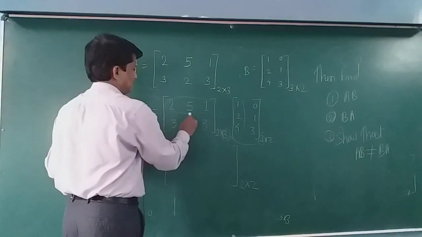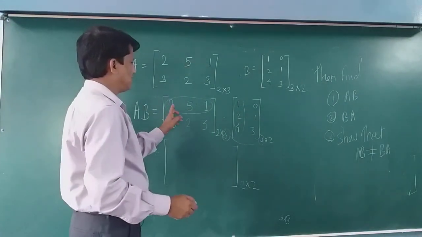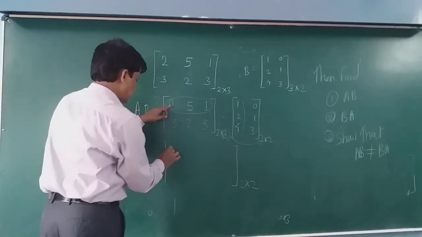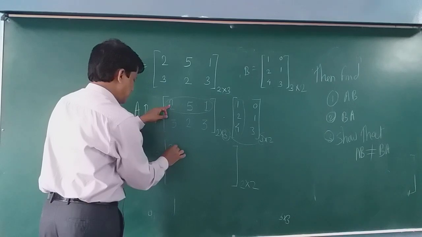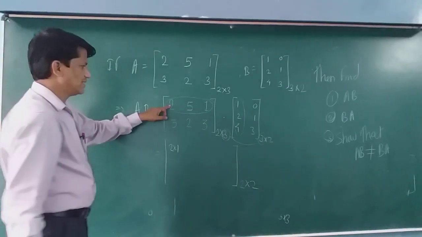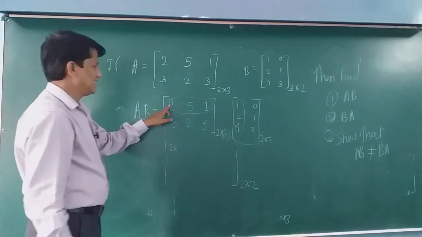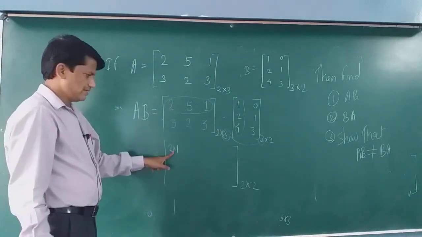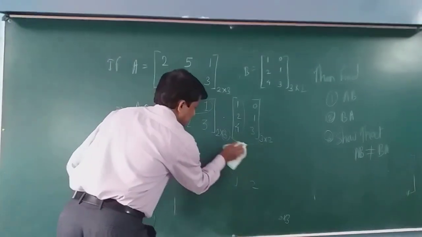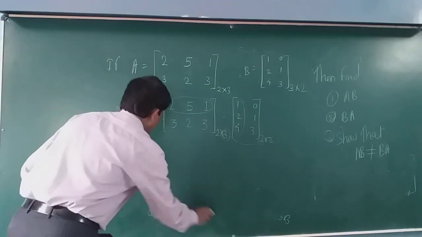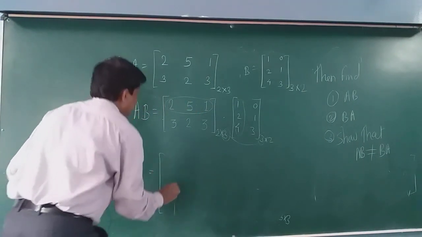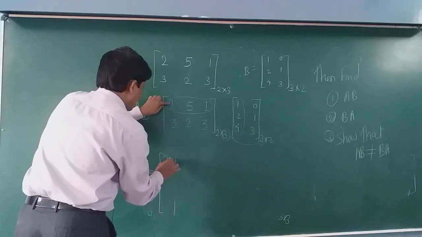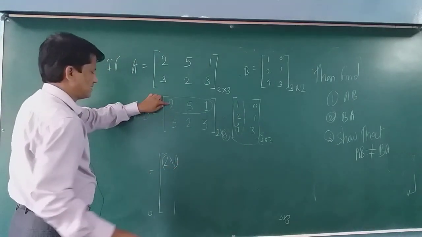I am using this row, row wise, and here column wise. See here, I am doing the product like this. Here number 2, here 1. So 2 multiply by 1. This is in the first bracket.